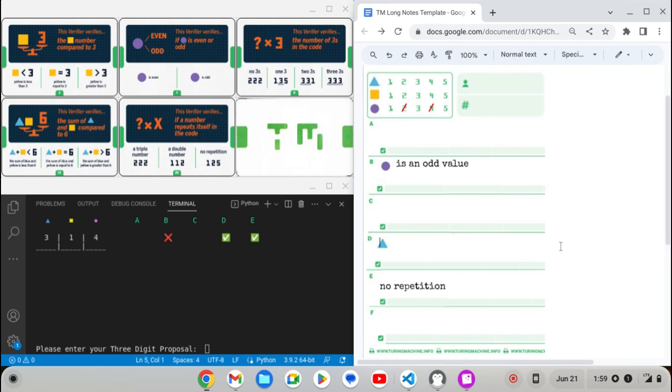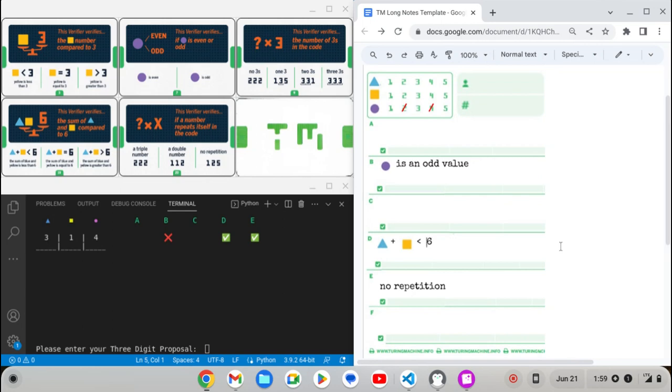Okay, so triangle plus square must add up to be less than 6.